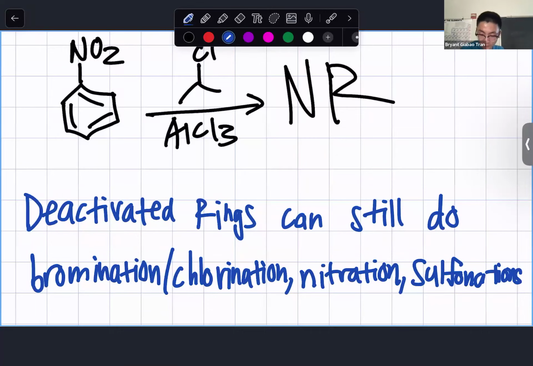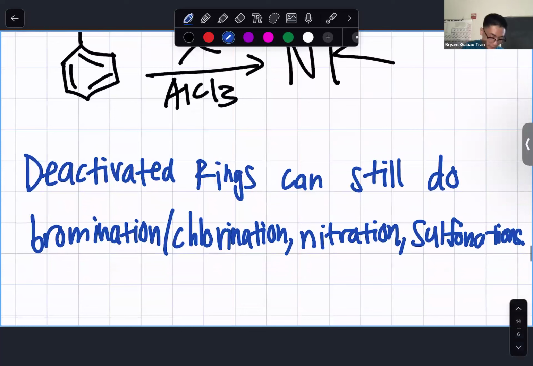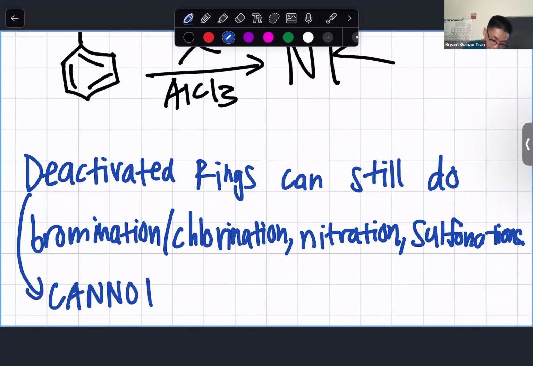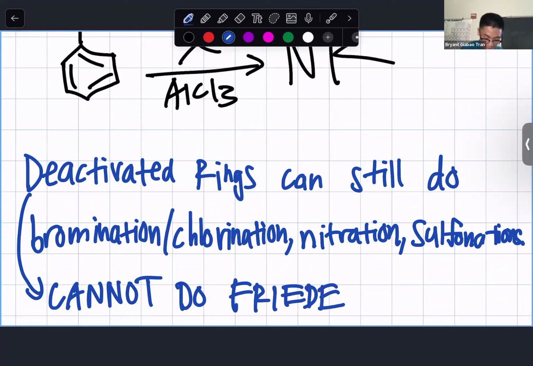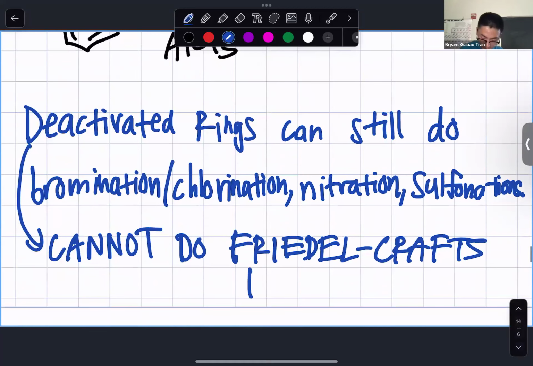Deactivated rings can still do all those reactions. They cannot do Friedel-Crafts reactions. And that is important for synthesis. Friedel-Crafts reactions, so like alkylation or acylation.